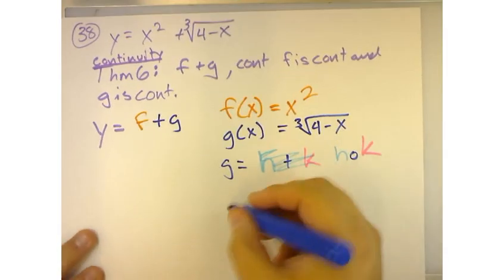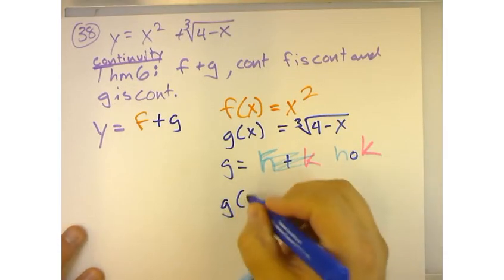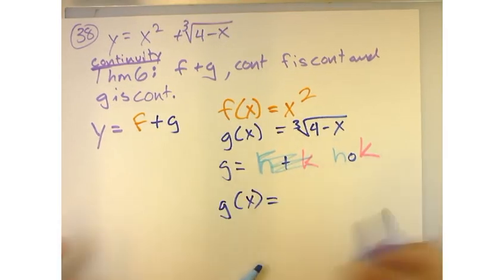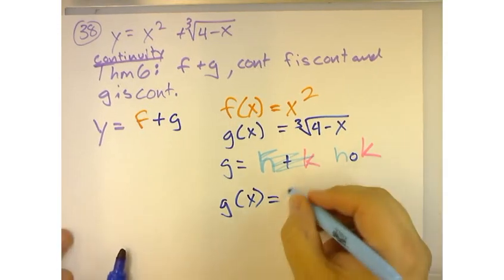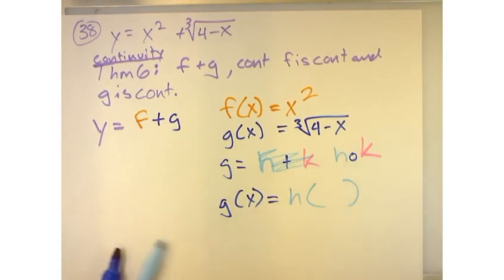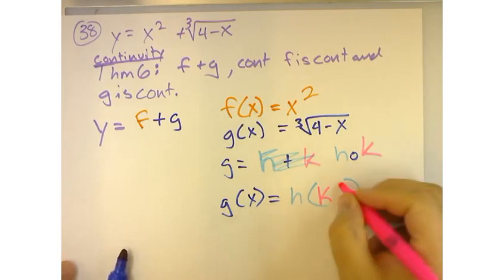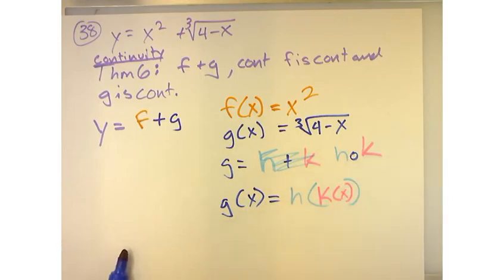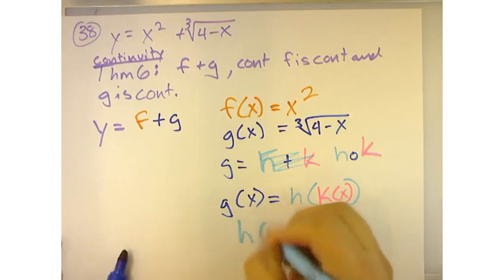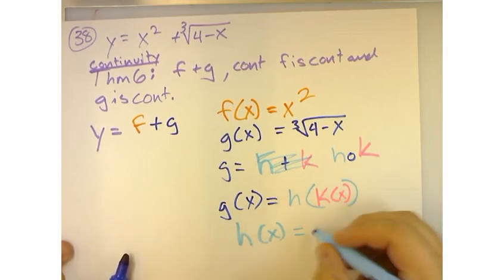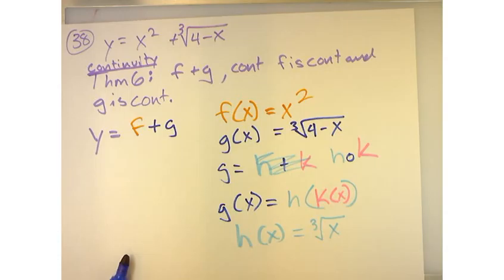In other words, g of x is equal to h of k of x. And so then what would you define h as? We could say that h of x is equal to the cube root of x, right? Which is a continuous function.